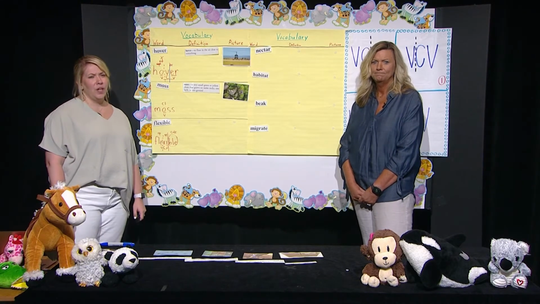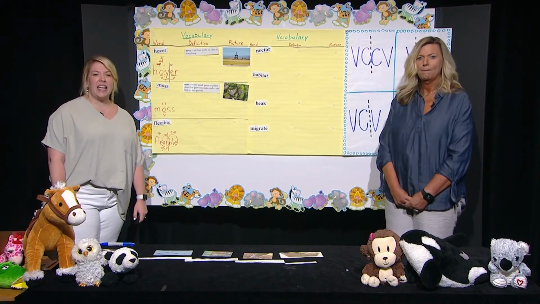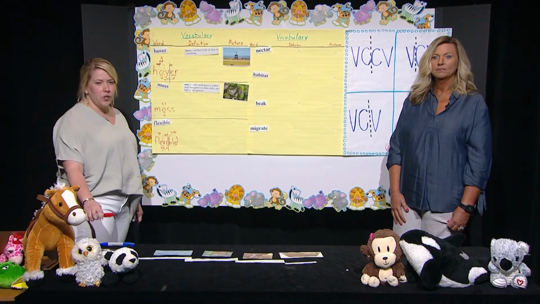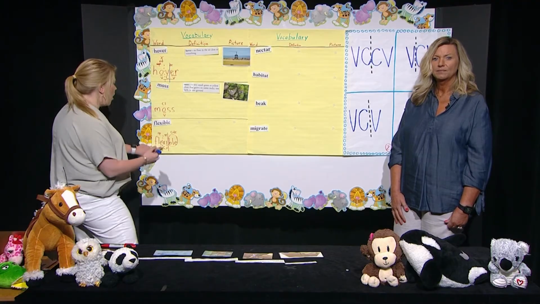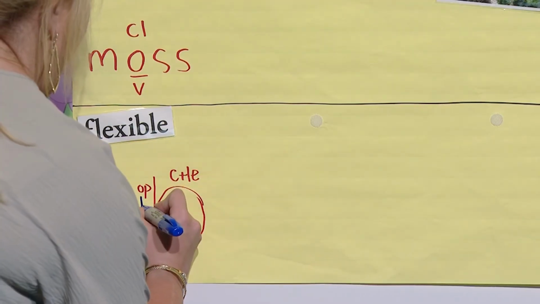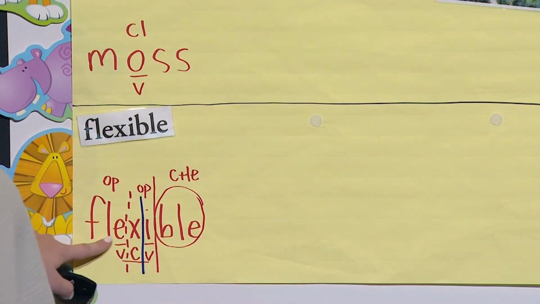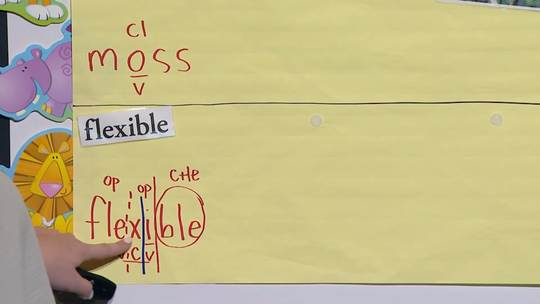Me either. So let's attempt our second VCV division. What happens to the first syllable when I move our division line after the consonant? Right, boys and girls. The first syllable now ends with a consonant.